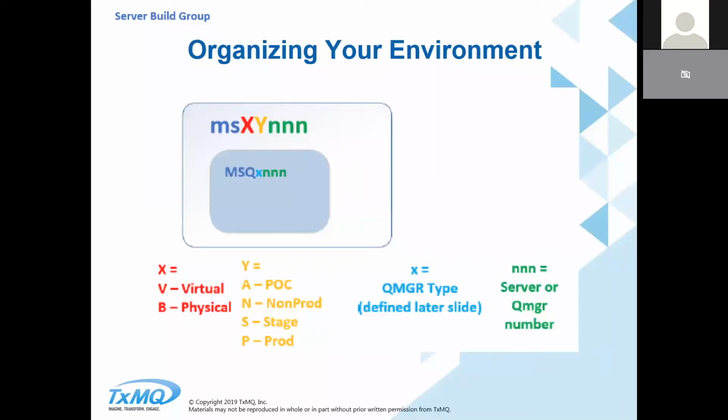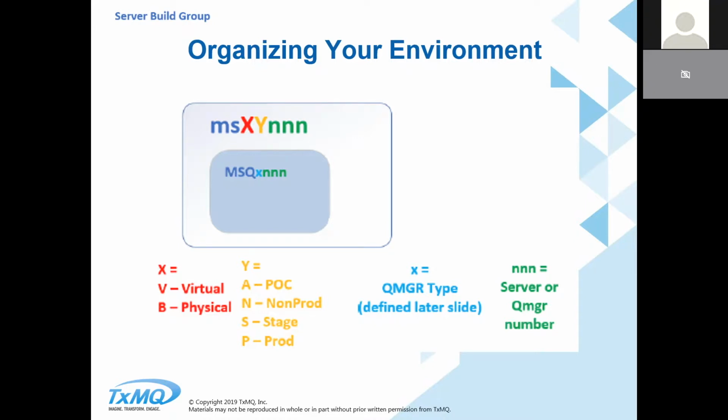This right here is just a simple example that I threw together to show where it says MSXYNNN. That would represent the actual server name. MS could mean messaging services, for example. An X, whether it's V or B, might represent whether it's a physical or a virtual machine.